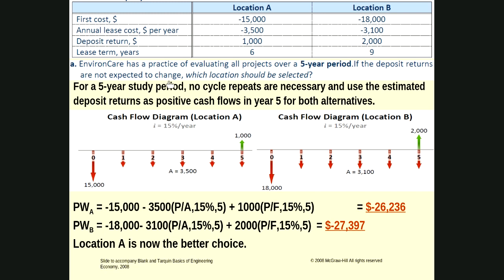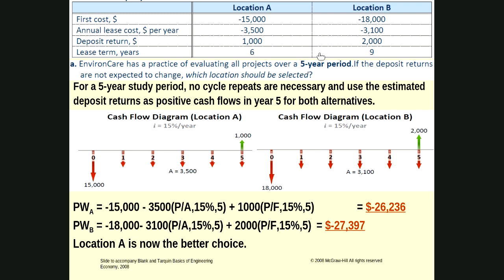So in the question we'll ask you specifically, as it says here, use a study period of 5 to conduct the study, okay? And in conducting this study using the study period for the present worth analysis, the number of years 9 and 6 will not be considered.